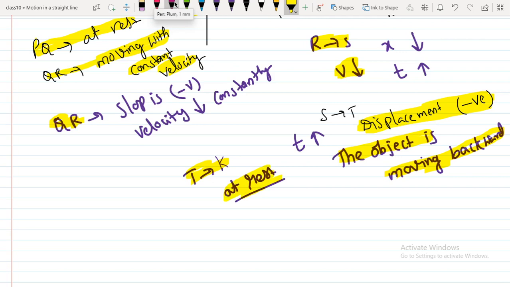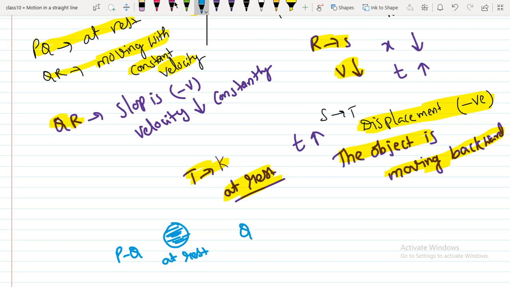So let us combine all these situations. Suppose you have a ball, or you are throwing a ball. From P to Q, the ball is at rest, and then some force is applied on the ball.